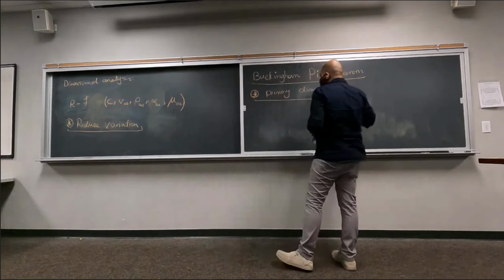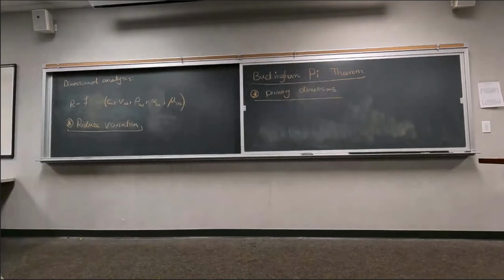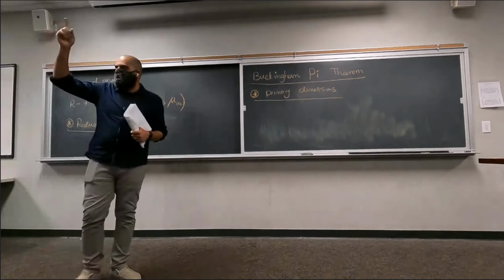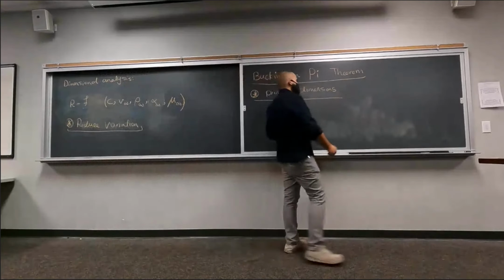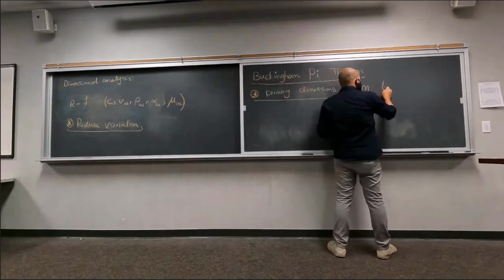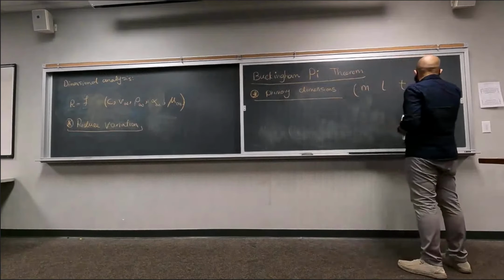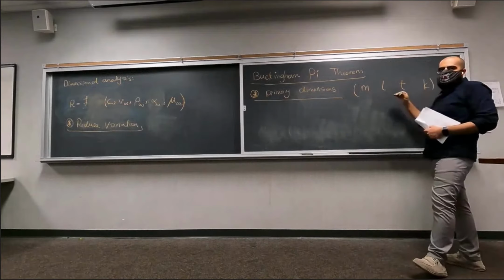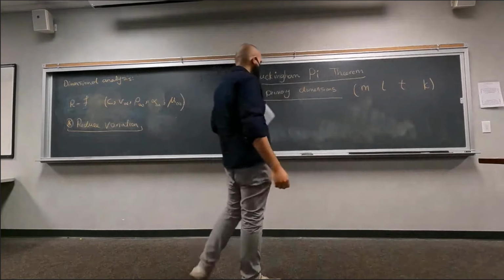What are primary dimensions? In general, kilograms, time, like mass, time, length, right? In our system, mass, length, time is MLT, and if you are dealing with temperature, Kelvin as well. These are the 4 in mechanical engineering or aerospace engineering that we deal with, but there are actually 7 primary dimensions. We don't really care about the other 3, right?